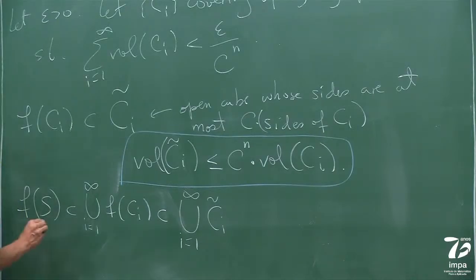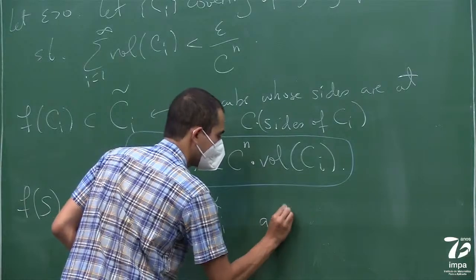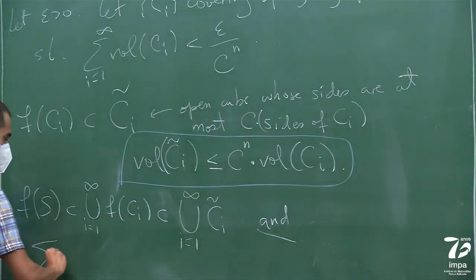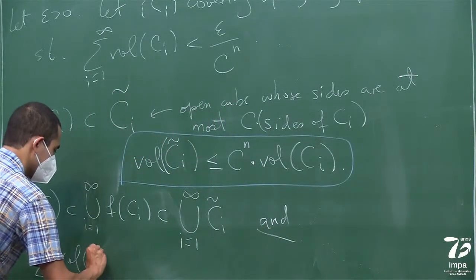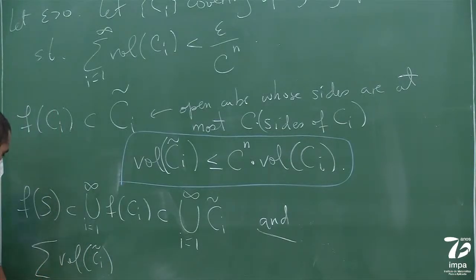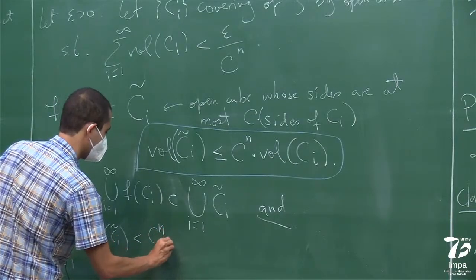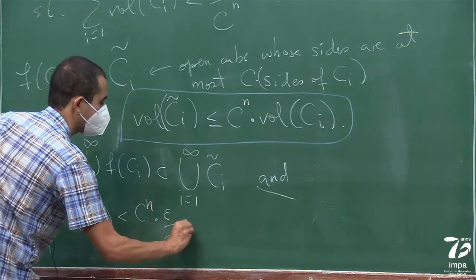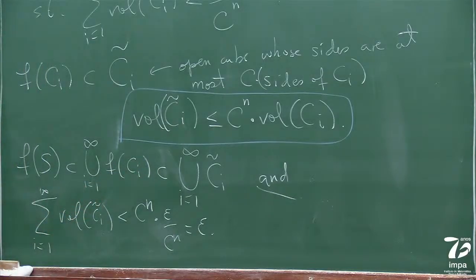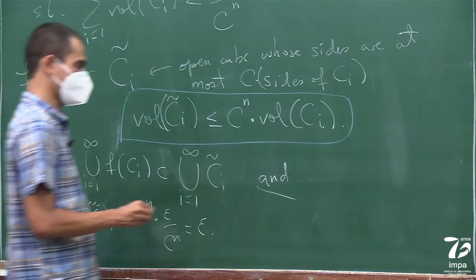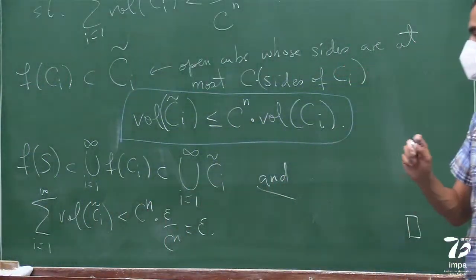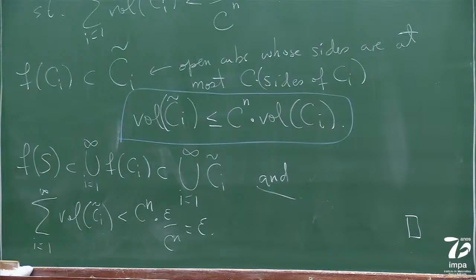So now the sum of these volumes from i equals 1 to infinity is going to be less than Cn times epsilon over Cn, which is epsilon. So again, this is number 3. We prove that the image of a set of measure 0 by a function that's C1 has measure 0. Okay?